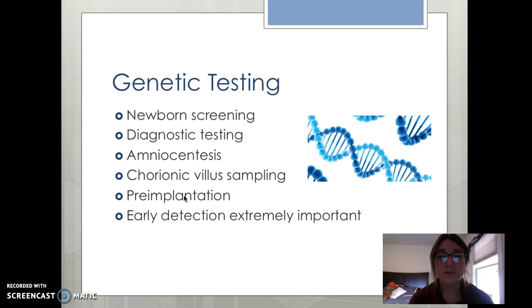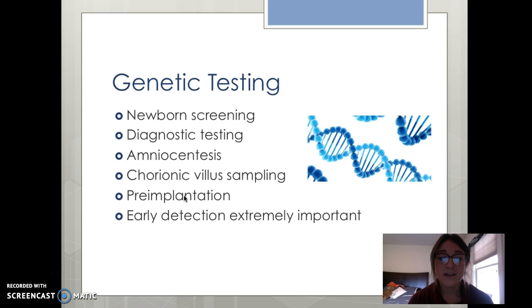Another option for genetic testing is amniocentesis, which is a test that can be done between the 14th and 20th week of pregnancy. It's a prenatal test that tests for abnormalities in a small amount of the amniotic fluid sampled from the amniotic sac that surrounds the fetus.